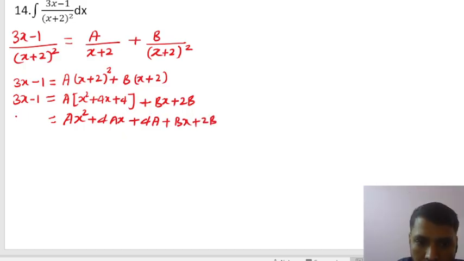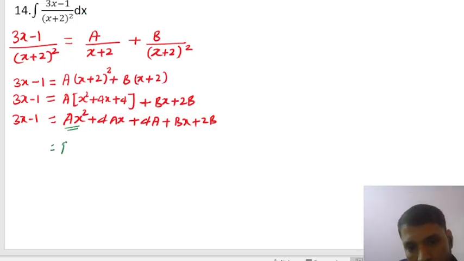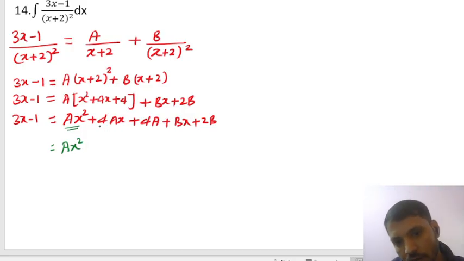Now we can make the grouping of the same type of terms. Here, how many x square terms are there? Only one, so we will write it as a x square. How many x terms are there? Here bx and 4ax.